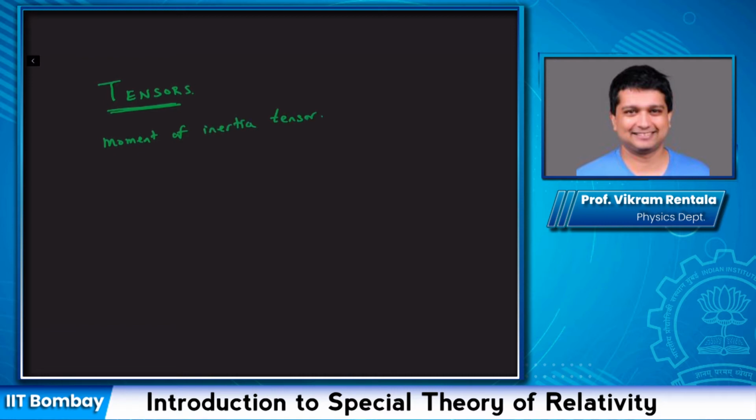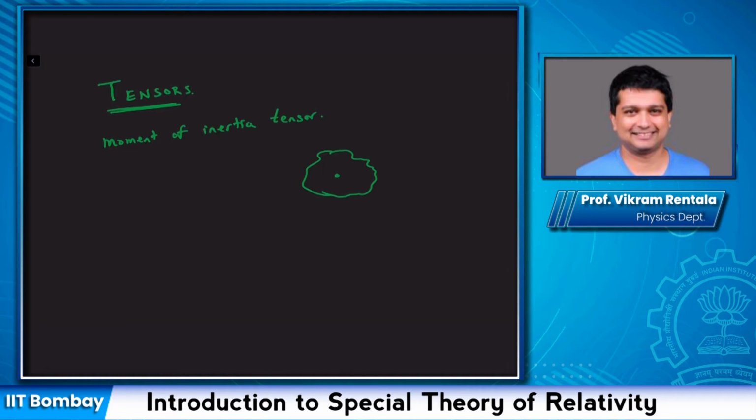So the moment of inertia tensor is defined as, suppose you have a distributed mass, and we want to find the moment of inertia about some point.